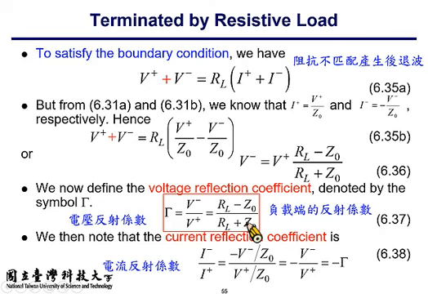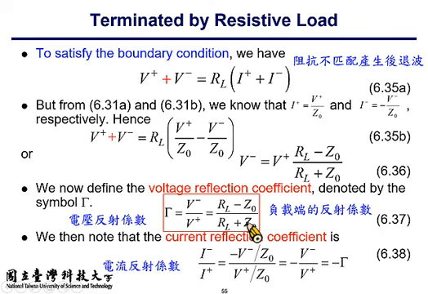Well, because a short circuit does not absorb any energy. Okay? A short circuit does not absorb any incident energy. All the incident energy gets reflected back because of the short circuit property.